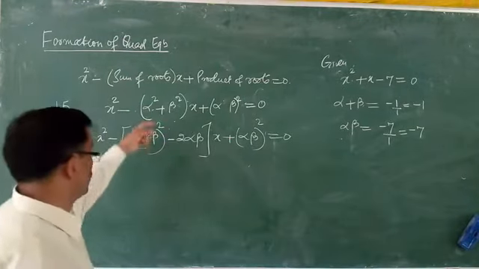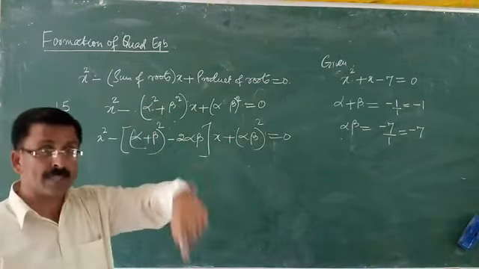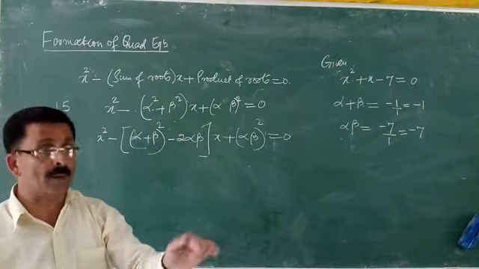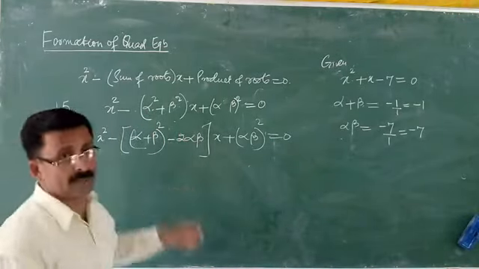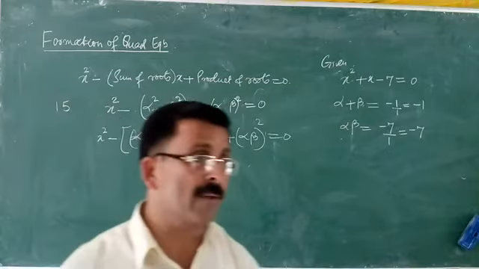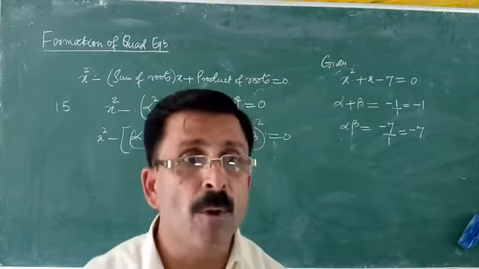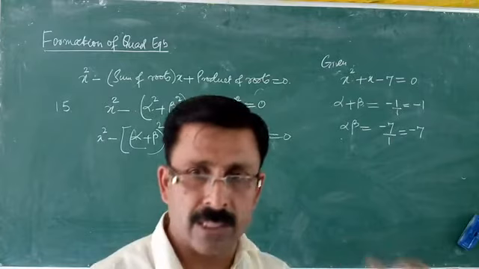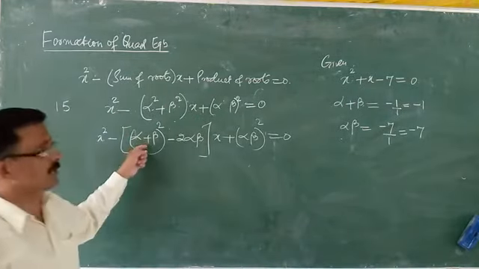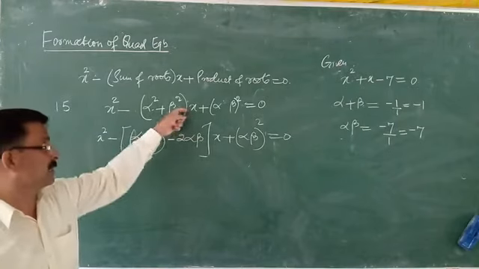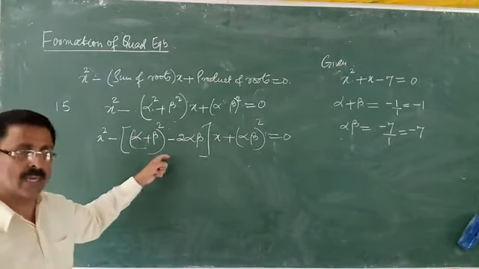So what do I need to do so that this can change into alpha plus beta, or the product of alpha and beta? Immediately I thought of using one of the algebraic identities, a plus b whole square, to turn this into alpha and beta. So we did that, and this then changed to this form. Is this understood or not?